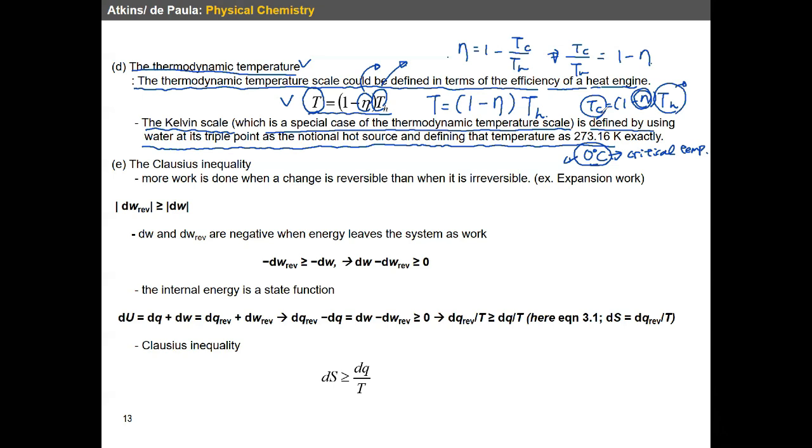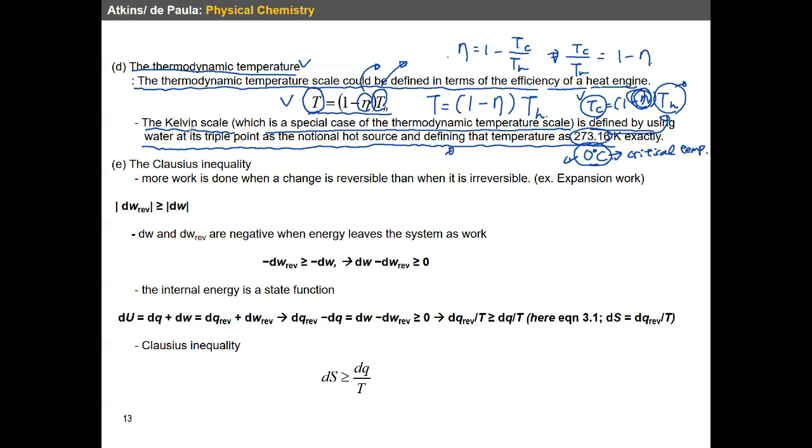And the Kelvin scale uses 273 Kelvin for the hot source. By using that temperature, they can calculate Tc or the efficiency for a system using water.